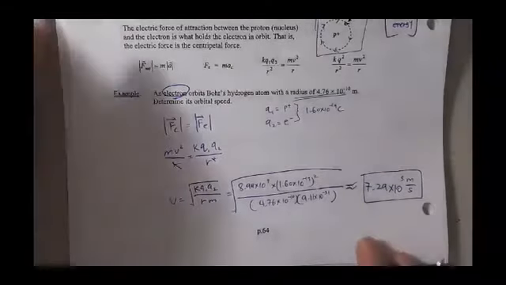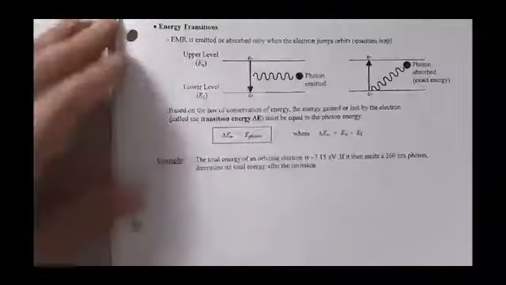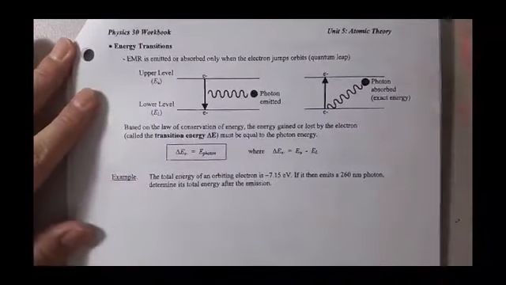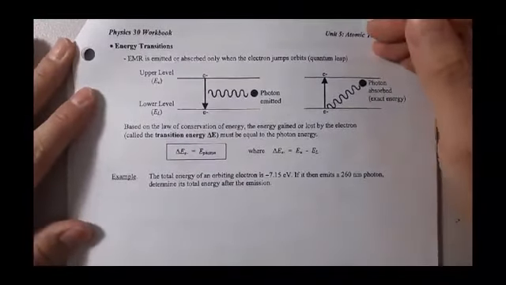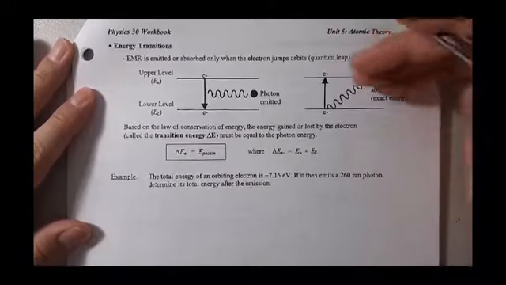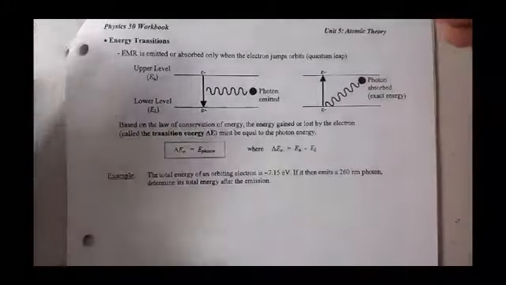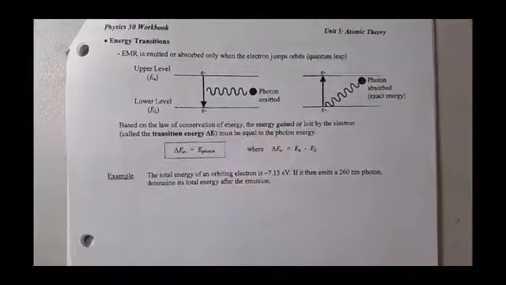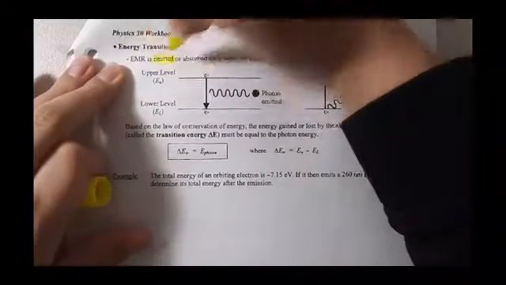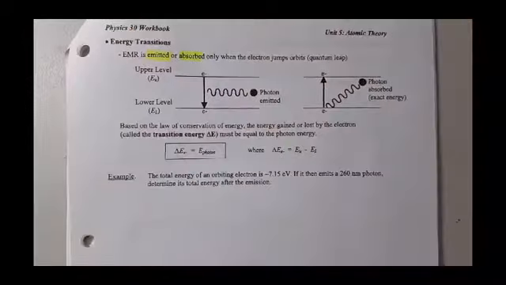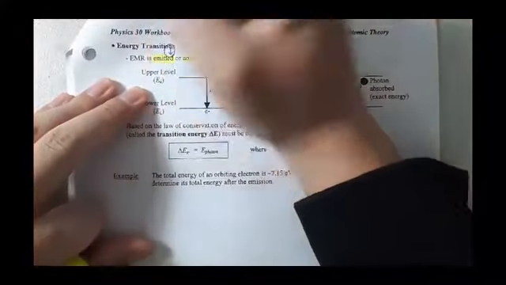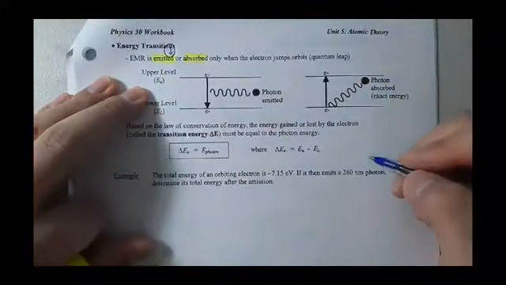Let's do some other ones. When I look at this, there's an energy transition. Like I mentioned, first things first, EMR can be emitted or absorbed. To have an emitting situation, you have to go from upper level to lower level because you relax.